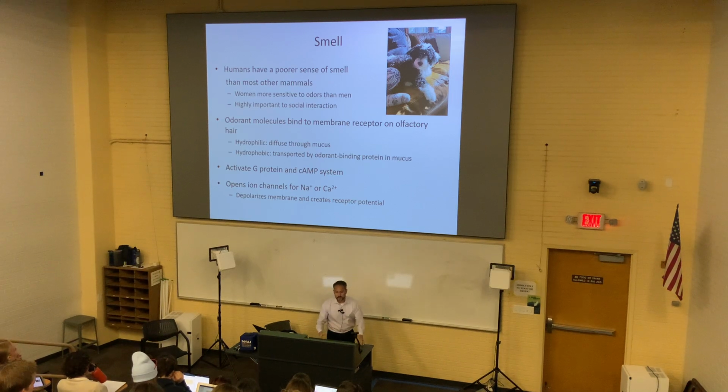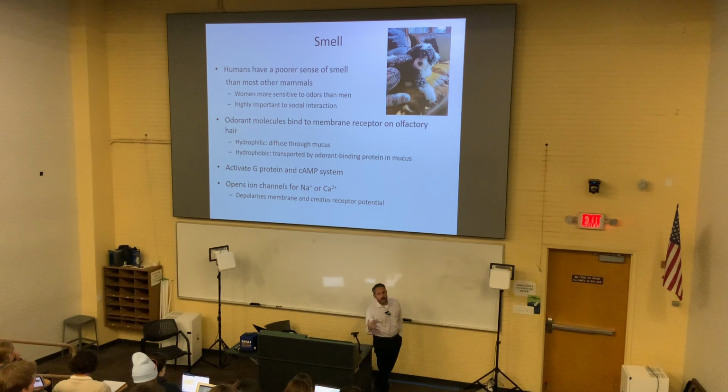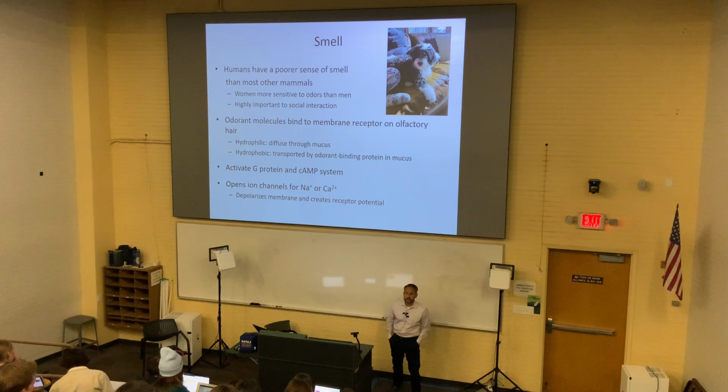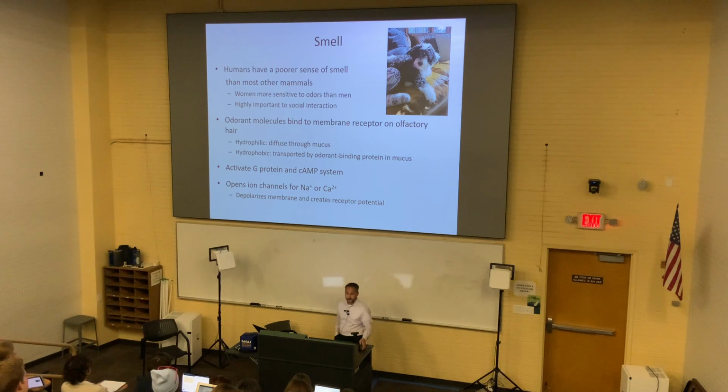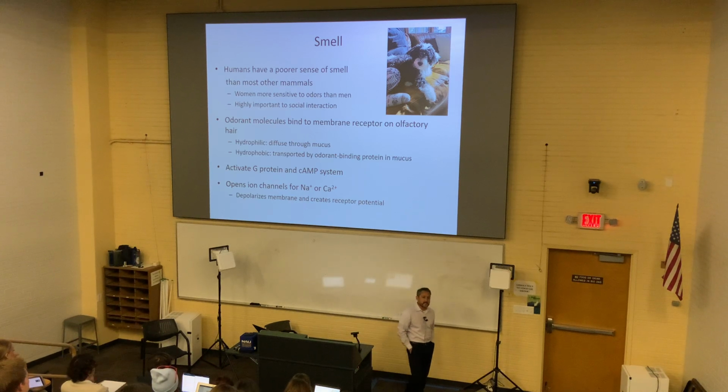So the odorant molecules are going to bind to membrane receptors on the olfactory hair. If they're hydrophilic, they'll diffuse straight through the mucus. Hydrophilic means water-liking. If they're hydrophobic, they have to be transported by an odorant binding molecule. Then they're going to activate a G protein in a cyclic AMP system.